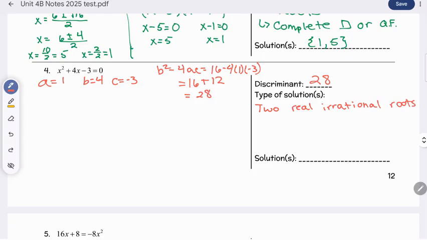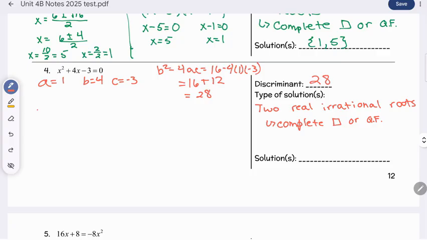And then if we remember from before, the best way to solve is to either complete the square or quadratic formula. So over here, we've already done half the quadratic formula, so let's keep rolling with it.